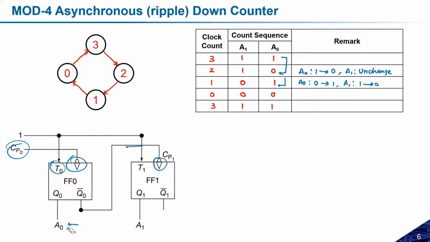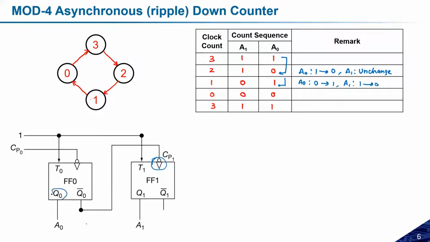The only difference that we can see here is that if I want to make a mod 4 down counter, then I have to control the clock pulse of the second flip-flop with Q0 bar. And if I have to make the up counter, then this should be connected to Q0. So up and down counter is decided by where I take the clock pulse from the previous one.